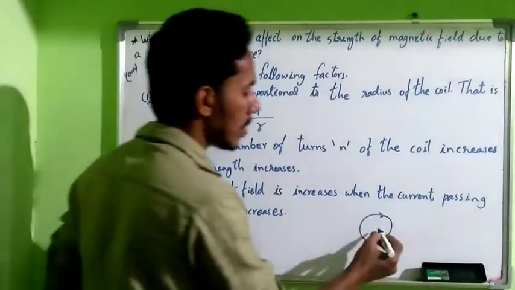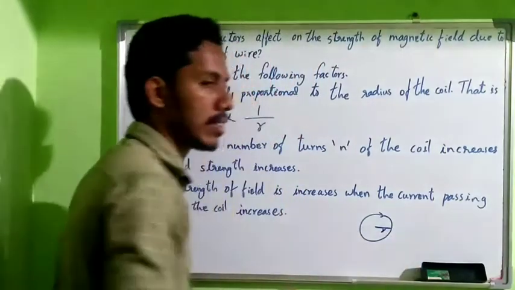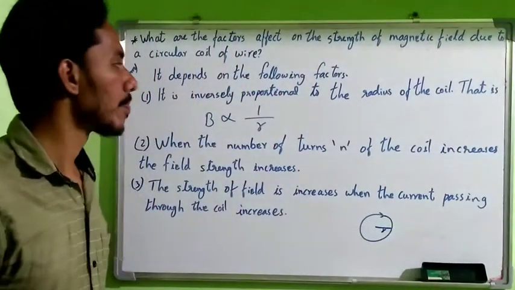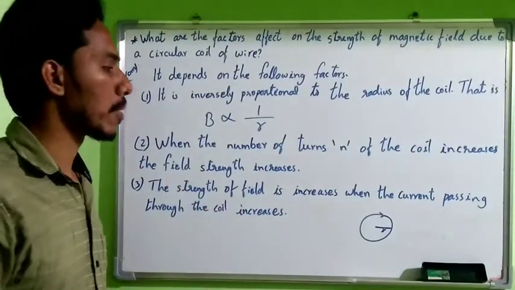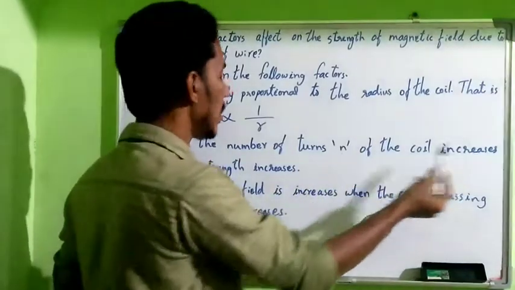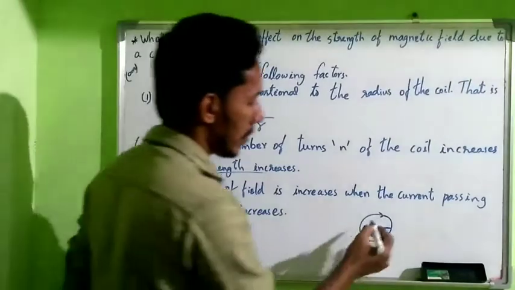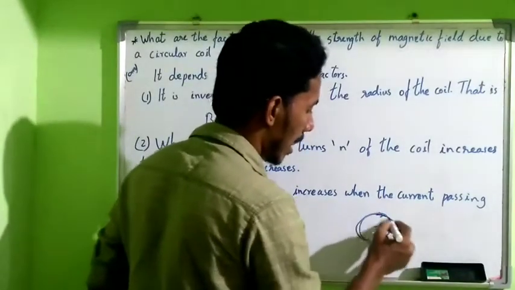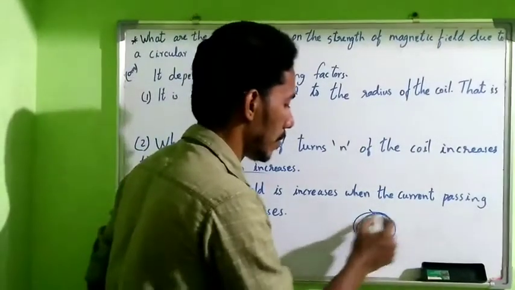When radius increases, B decreases. Okay. Then when the number of turns increases, that means N of the coil increases, the field strength also increases. If the number of turns increases, I just add one more turn and one more turn.